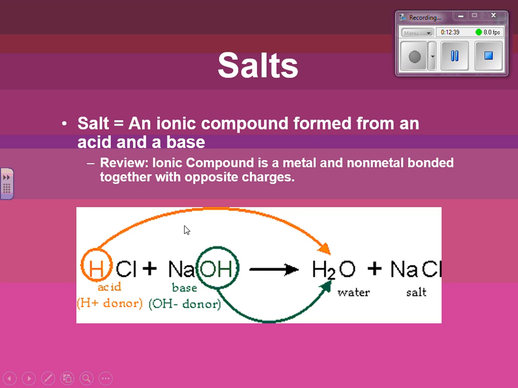So for the most part, when we're talking about these acids and bases, you're going to create water and you're going to create a salt. The base is donating a hydroxide, and the H+ is donating a hydrogen. So for the most part, we're creating ourselves a new solid, sodium chloride, from this solution.